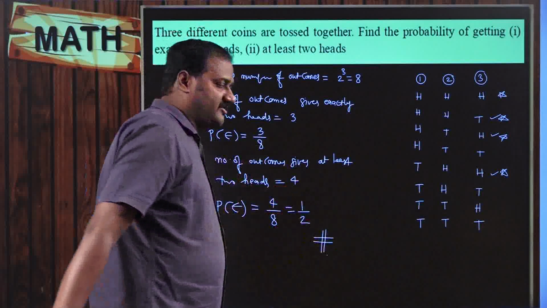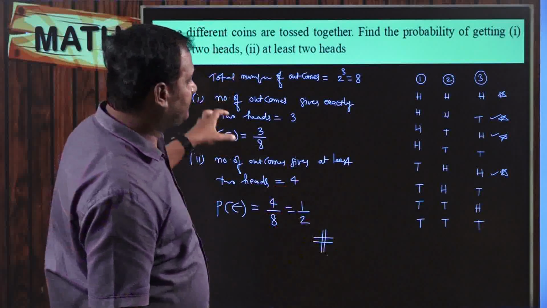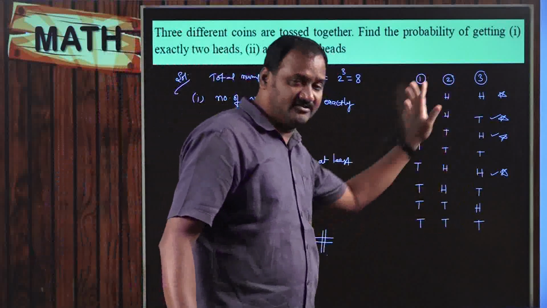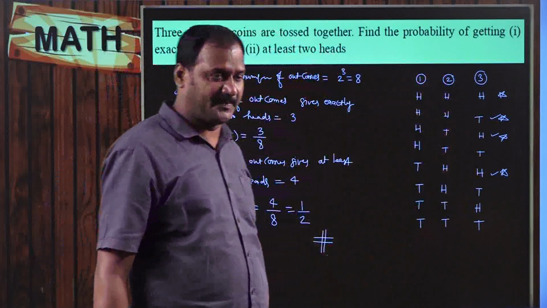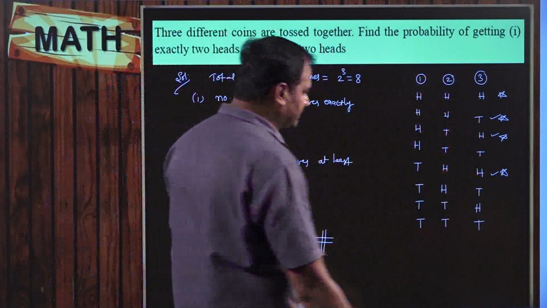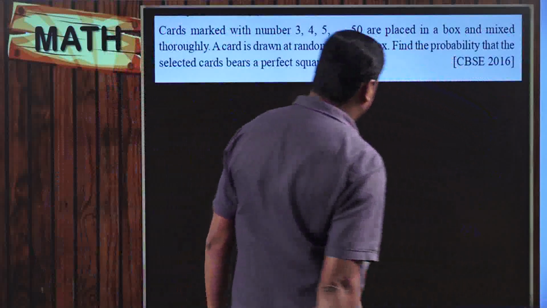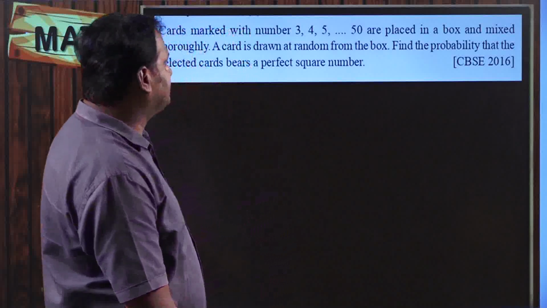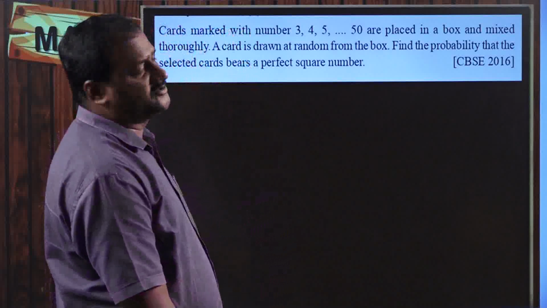So this way we can easily figure out the number of favorable outcomes by listing out all these items. Okay, right. So moving on to the next problem. Here the next problem is cards marked with numbers 3, 4, 5 and so on up to 50.